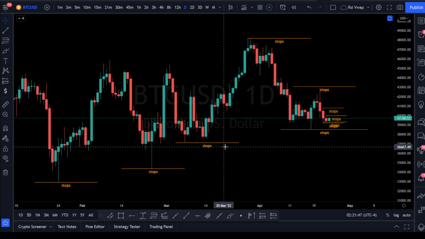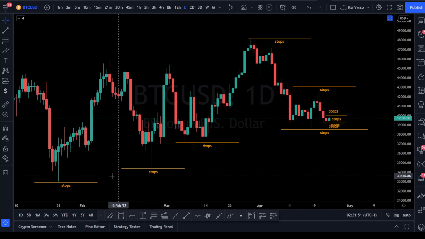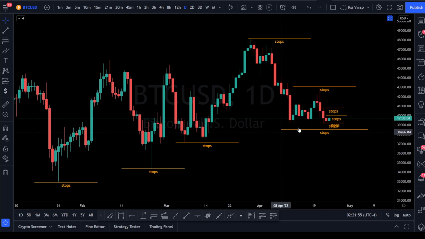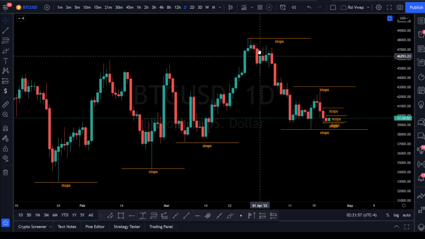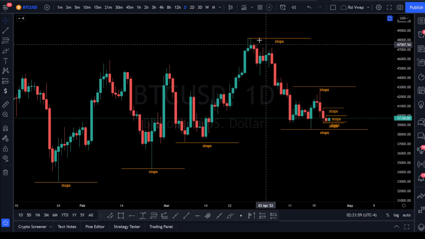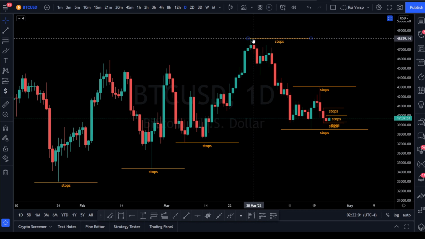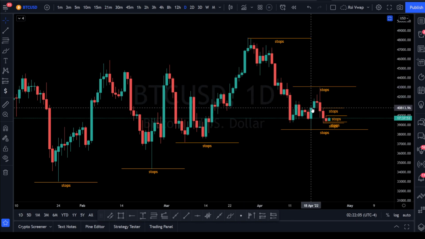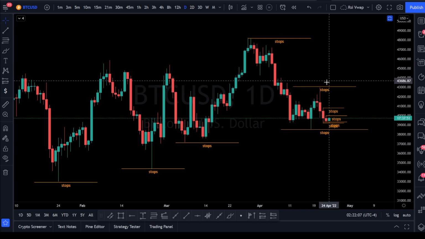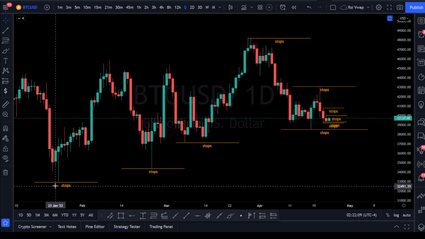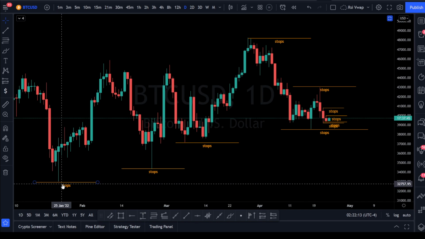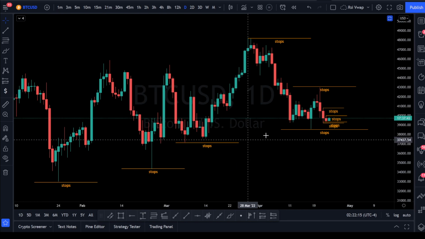So let's just take a quick look here. This is on the 1-day Bitcoin chart, and I mapped out the areas where retail traders most likely have their stops. If people shorted the top, they're told to put their stop loss above the last swing high. People shorted this move up, so you've got stop losses here, and you have the longs that took longs here. They put their stops below these swing lows.